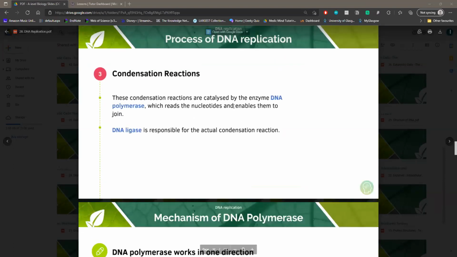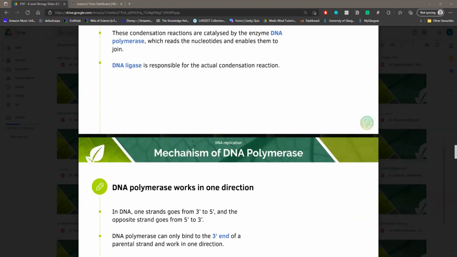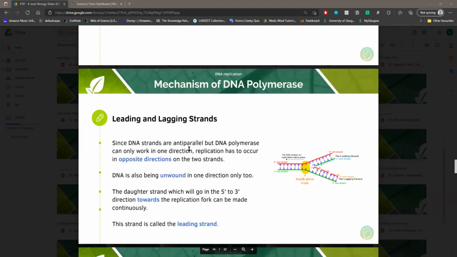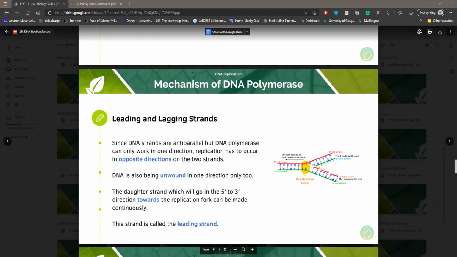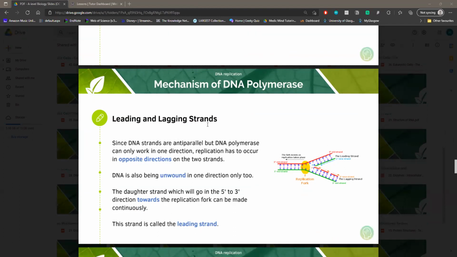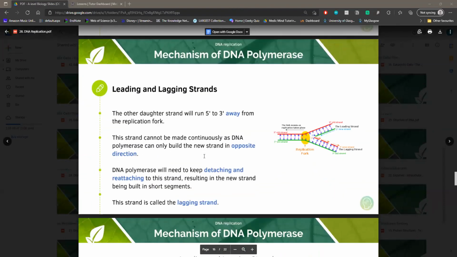DNA ligase is another enzyme that comes along and joins these Okazaki fragments up. The strand that works continuously, the 5' to 3' strand, is called the leading strand. And the one that works discontinuously is called the lagging strand.